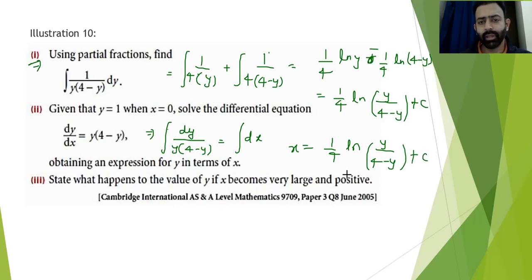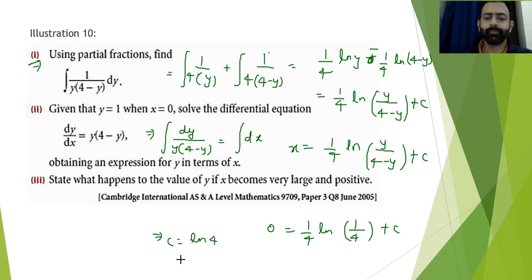We have to find c. It says that when x is equal to 0, y is 1. That means 0 is 1 by 4 ln of 1 over 4 plus c. Right, that means the value of c is just minus the ln of 1 upon 4, which is just ln 4.